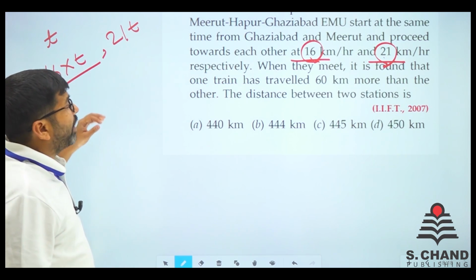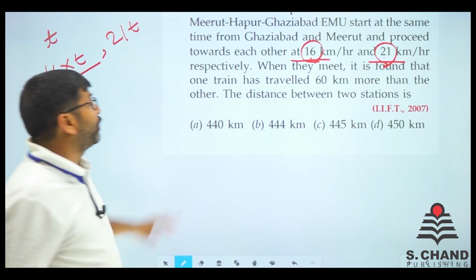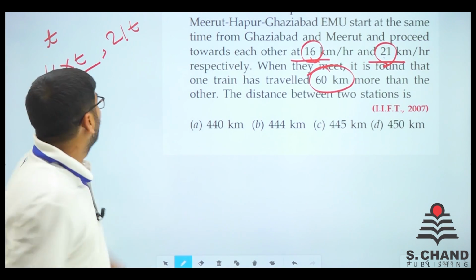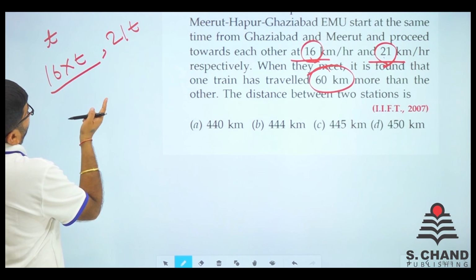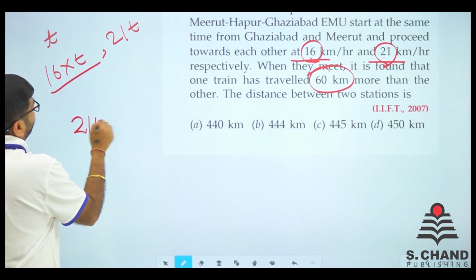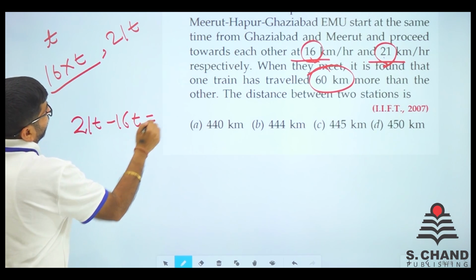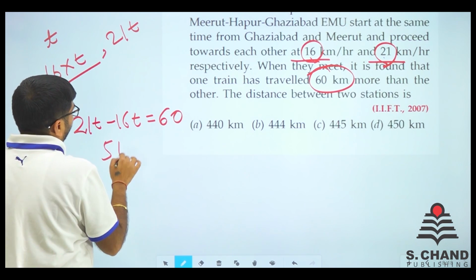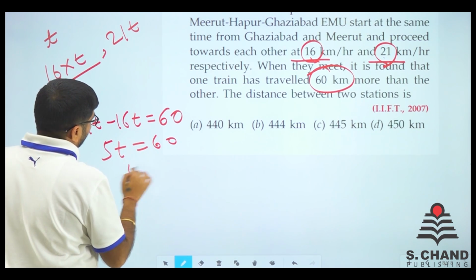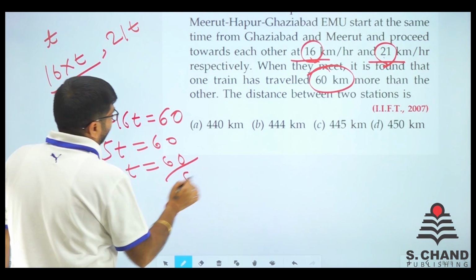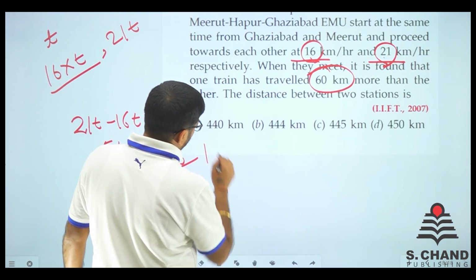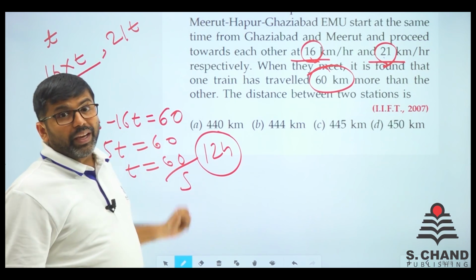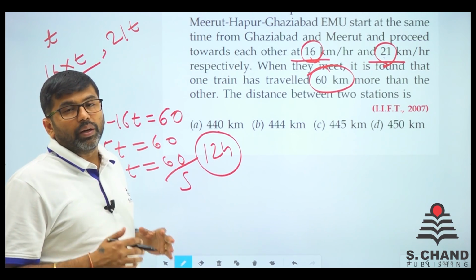So there is a difference of 60 kilometers, as one has travelled more than the other. So we do 21t minus 16t and we will get 60, right? So 21 minus 16 is 5t is equal to 60, that t is equal to 60 by 5, that means 12 hours is the time they take. 12 hours they take to reach the meeting point, right?